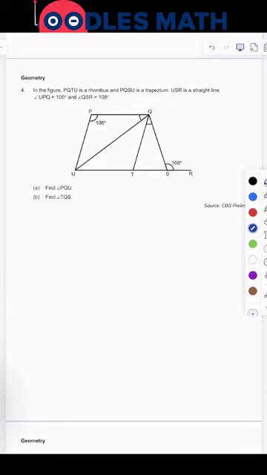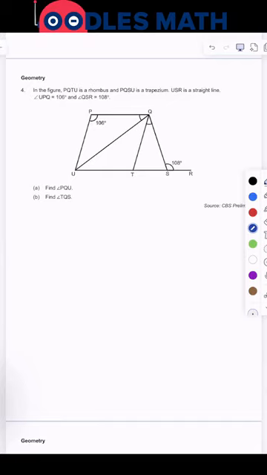Some of the common questions we ask here involve the angle properties you have learned, of geometrical shapes like the rhombus and the trapezium, and rules like angles on a line, alternate angles, corresponding angles, and opposite angles within a four-sided figure. These are the key properties you need to know in handling geometry questions. So now let's take a look at this question related to angles.